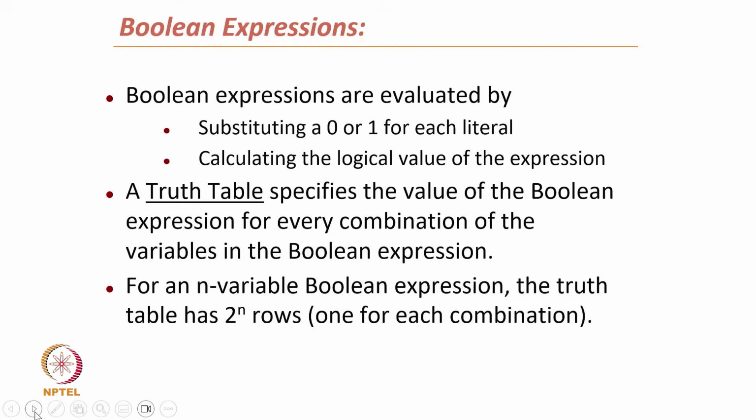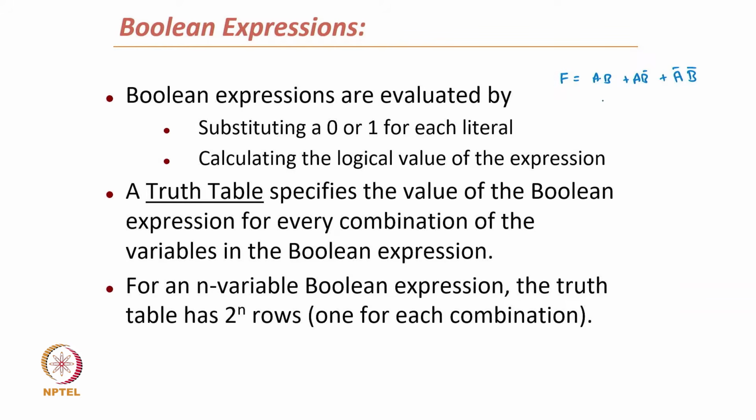Now, the Boolean expressions are evaluated by substituting a 0 or 1 for each literal. So, how do we evaluate the Boolean expression we just saw in the last slide? Let us say we have a function which is A dot B plus A B bar plus A bar B bar. How do we evaluate whether the Boolean expression is correct or not?